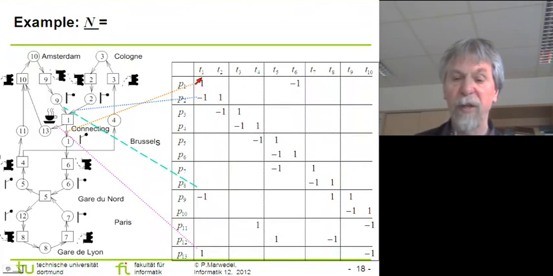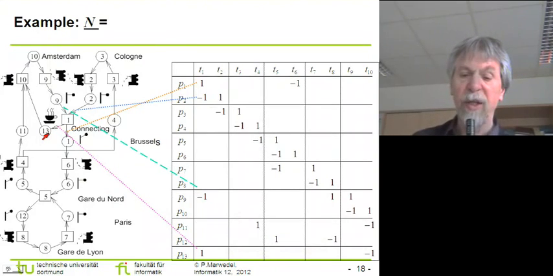For example, if transition T1 takes place, then for place 1, we will have 1 additional token. For this place 2, which is that one, we will have a decrease by 1. And for this place 9, we also have a decrease by 1. And for place 13, we will have an increase by 1.